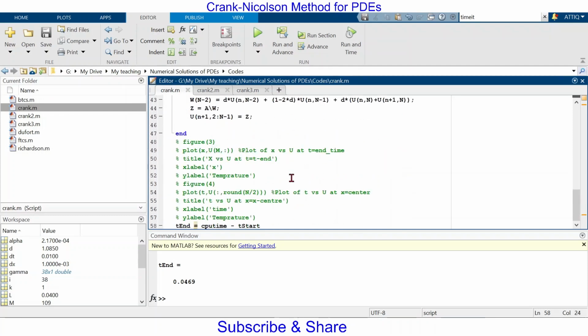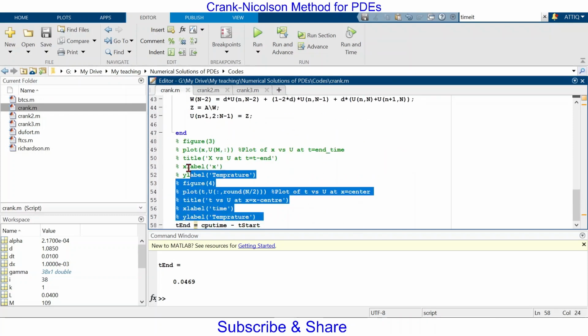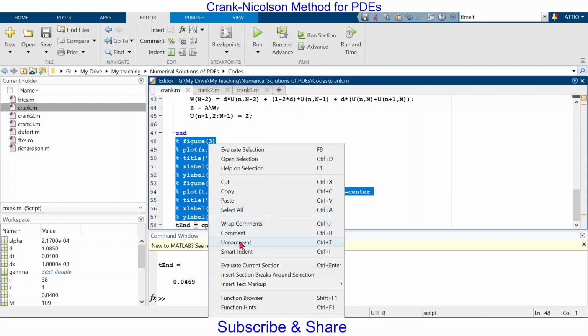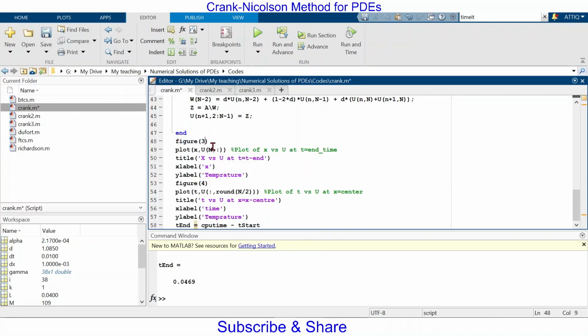And at the end, if you want to see the plots, you can also see them. Figure 1 and figure 2. The first plot is x versus u at the last time step.